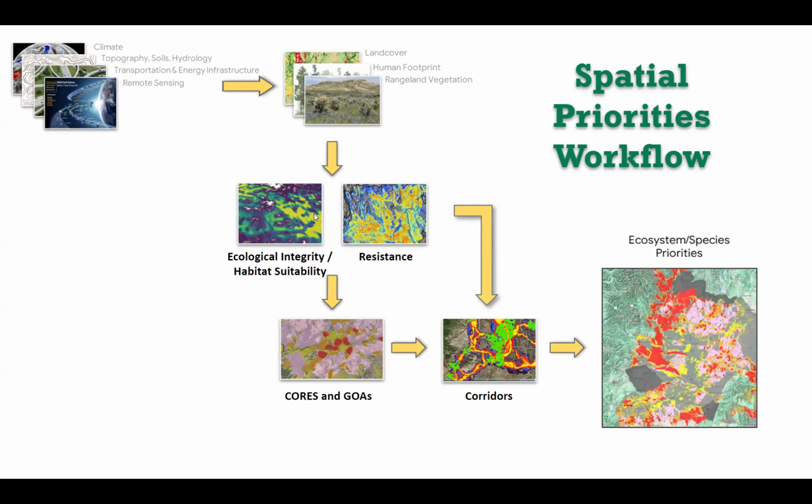And if you know habitat selection and movement, you can map core areas, which are local concentrations of highly connected habitat. And you can map corridors between the cores. These are the least costly routes through the landscape that would connect these core areas together. And those things, cores, growth opportunity areas, and corridors, are the priorities that you'll see on the map.